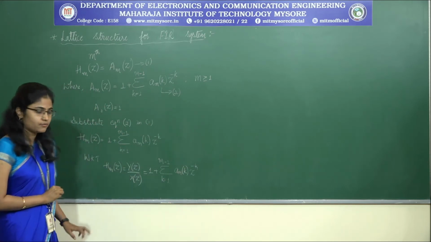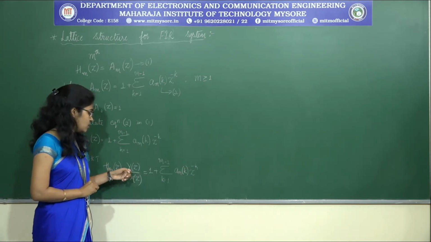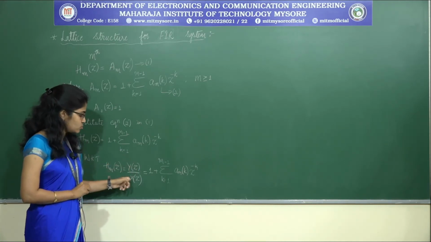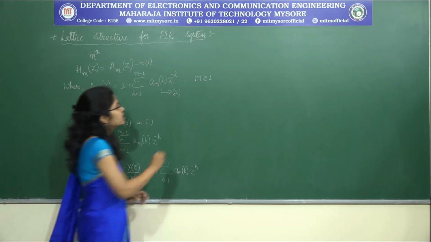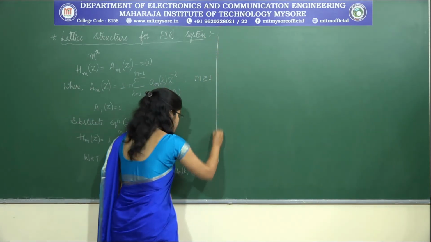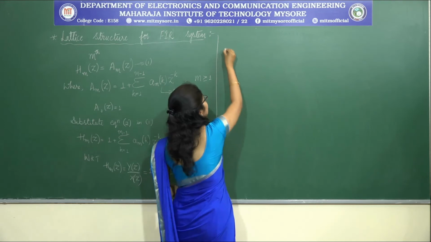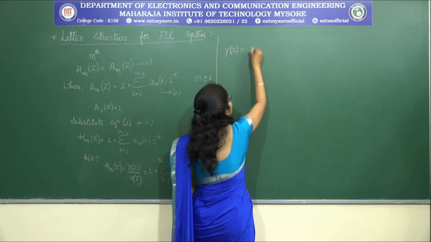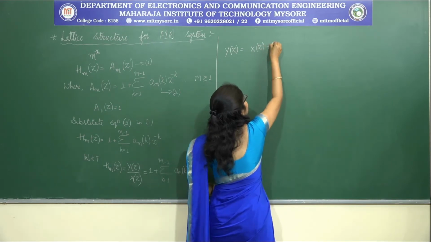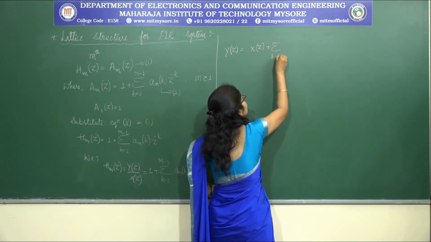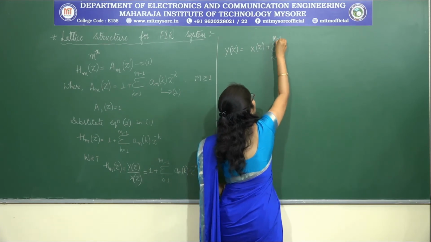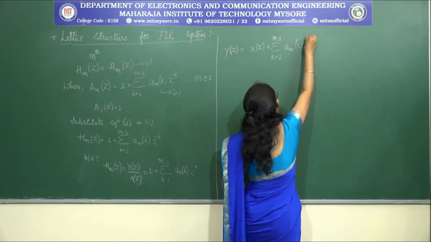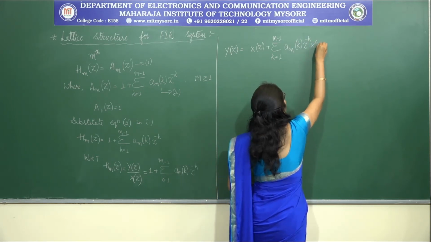Now I need to find out the difference equation, that is the output equation of the filter y of n. So I want the expression for Y of z. So let us move X of z towards left hand side. Then Y of z will be equal to X of z plus summation k ranges from 1 to m minus 1 Am of k into z power minus k into X of z.